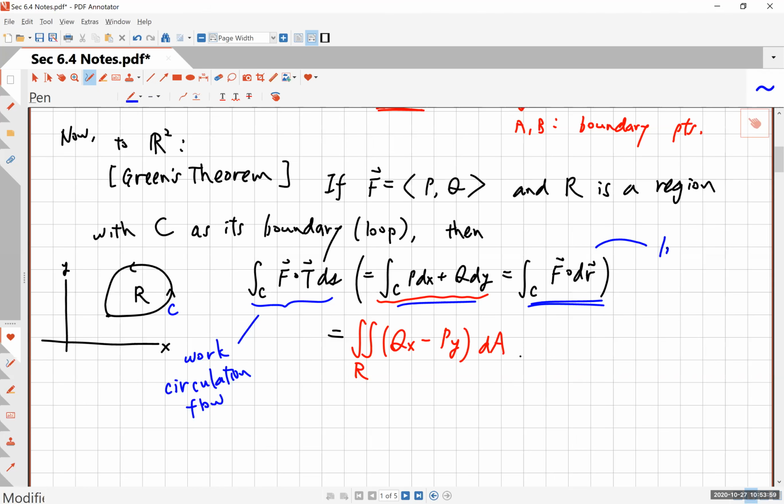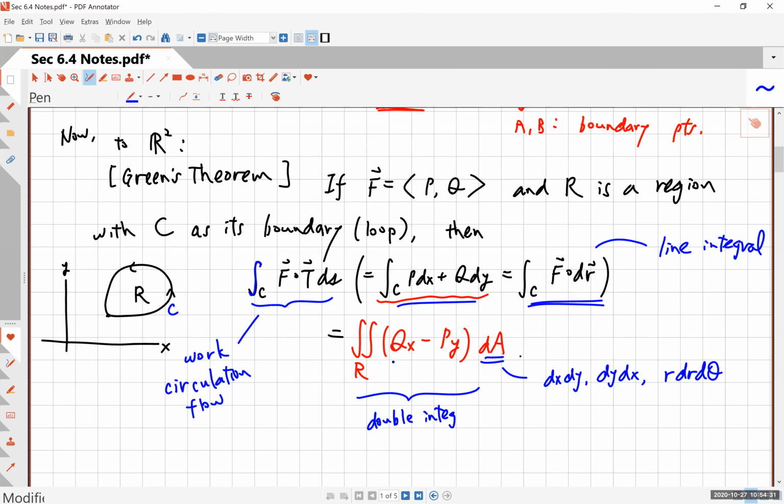The right-hand part is not actually a line integral. This is dx dy or dy dx, or if you use polar coordinates, it's r dr d theta. This is actually a double integral. So this is kind of weird, right? I'm saying that a single line integral is equal to a double integral of something.